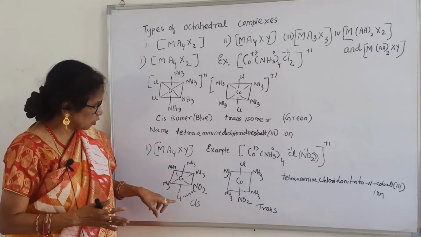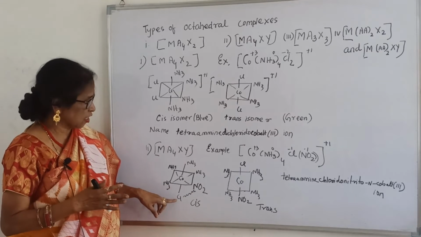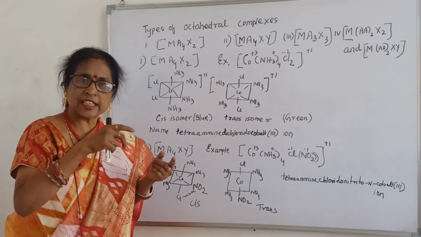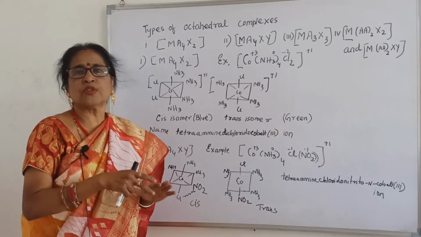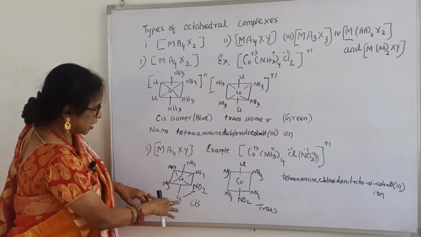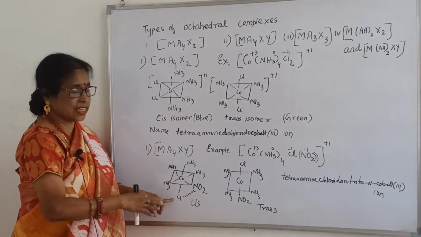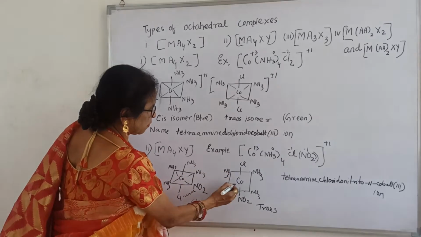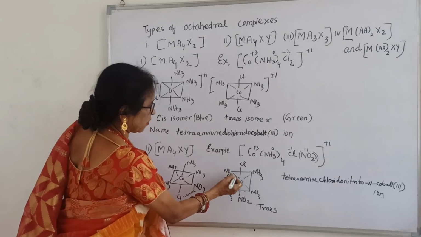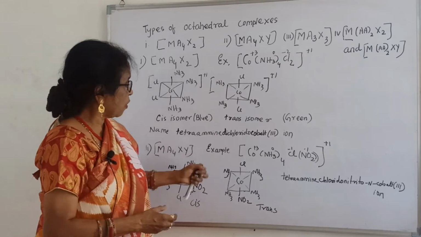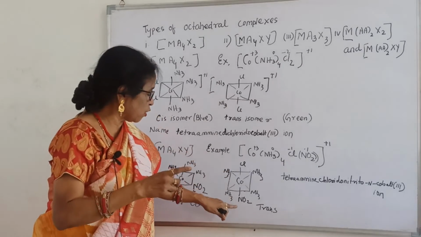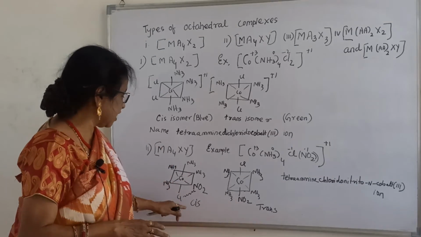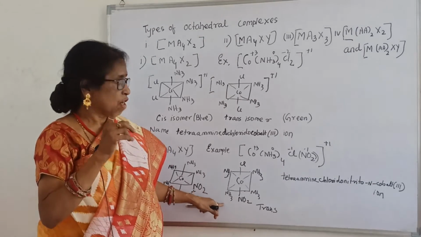You can think that XY, if I put as cis, I can also put as trans. So here you put NO2 and Cl, that is cis, and here you can put 1 chlorine above and nitro group below, that indicates trans. So this is the cis form, this is the trans form.